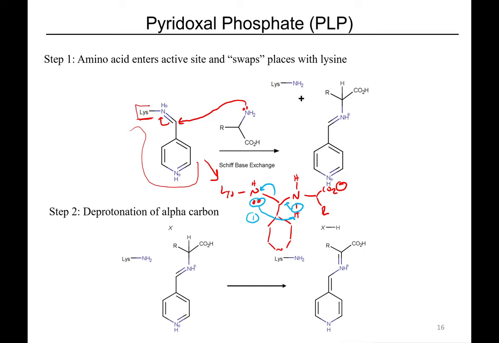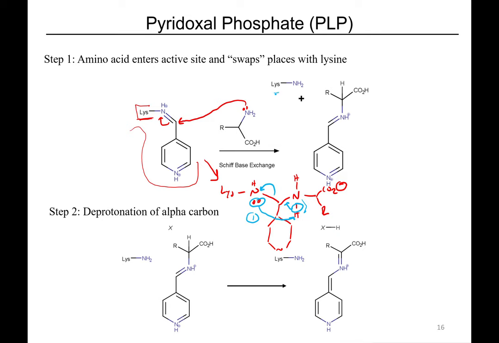That also creates a temporary positive charge on the lysine nitrogen. The electrons in the bond between nitrogen and hydrogen end up moving over to create the pi bond between our cofactor carbon and the nitrogen on our amino acid. And finally, we release the lysine side chain by breaking the bond between our cofactor and the nitrogen.